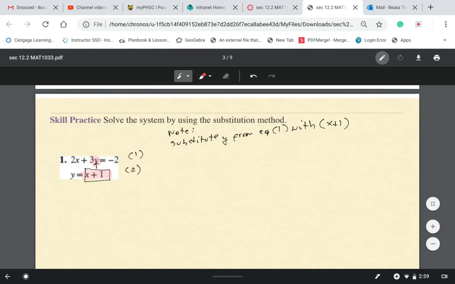So we're working with equation 1. Equation 1 is 2x + 3y = -2, and we're replacing y with x + 1.